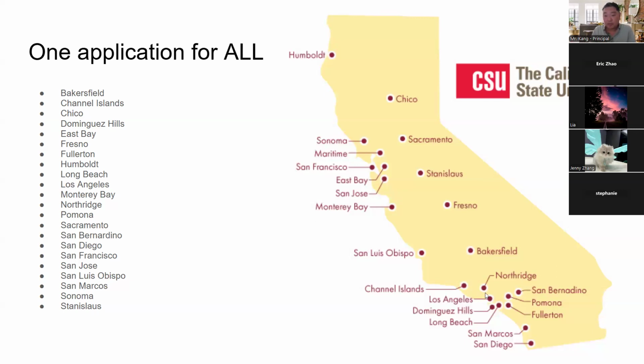Some parts of LA, Cal State LA will be your home Cal State. Northridge also covers the LA area, so CSUN will be your home school. If you live in the Cerritos or Long Beach area, the western part of LA, then most likely Cal State Long Beach will be your home school.